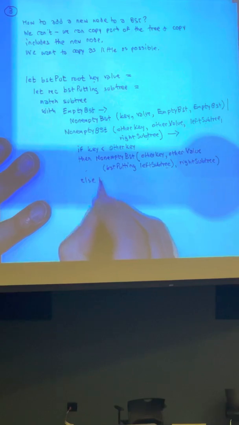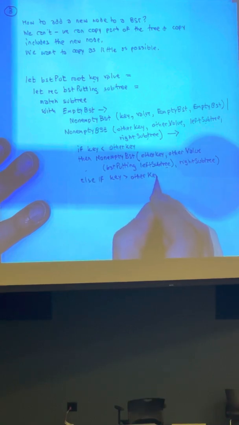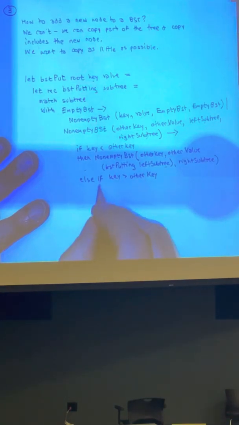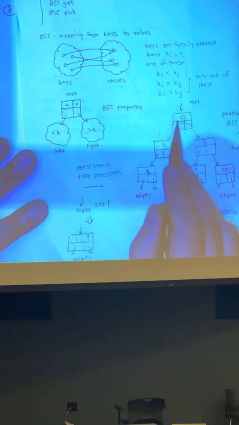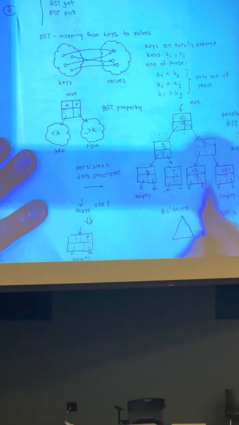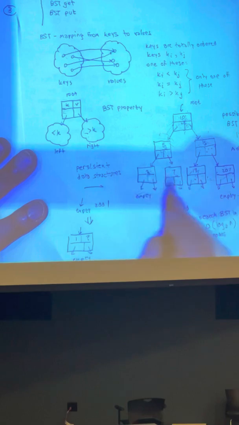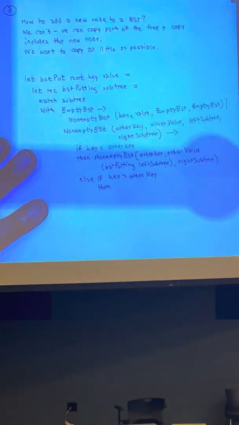Okay, else. Well, if key is not less than other key, maybe key is greater than other key. Other key is the one that's already at the node we're at. Okay, so now we know that if key is anywhere in the tree, it has to be in the right subtree. So that means we are going to copy the right subtree, but we want to keep the existing left subtree. All right, so again, we're going to say non-empty BST.